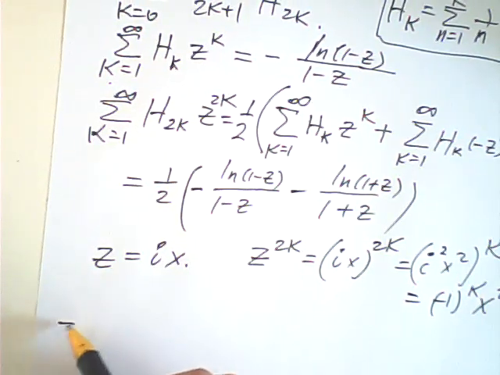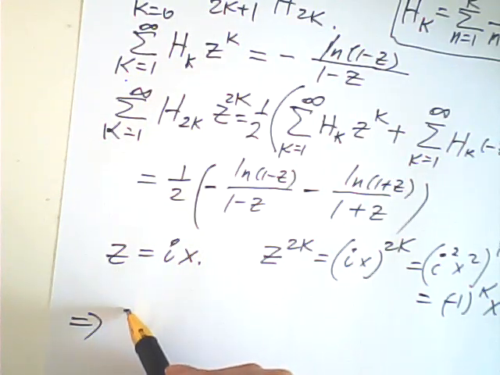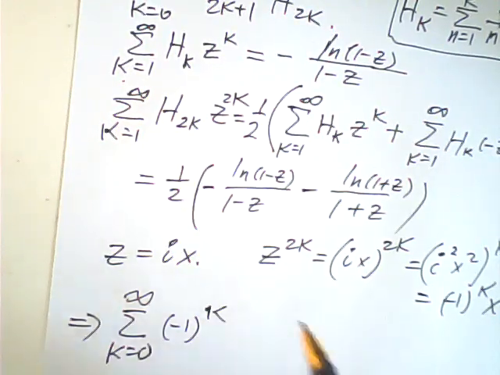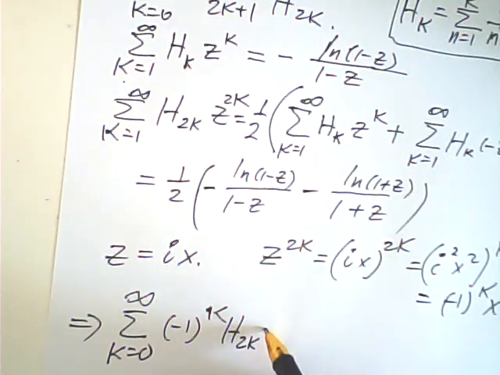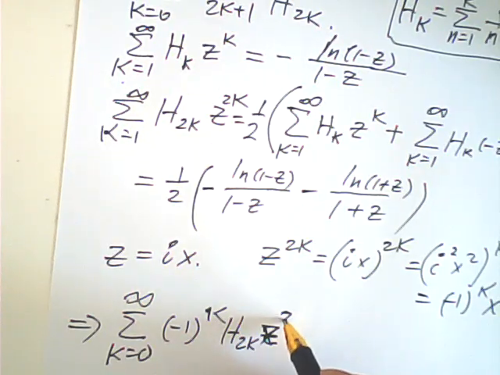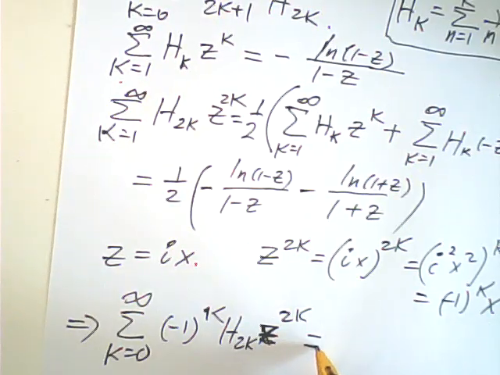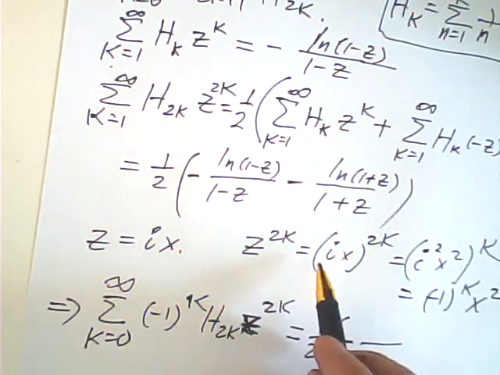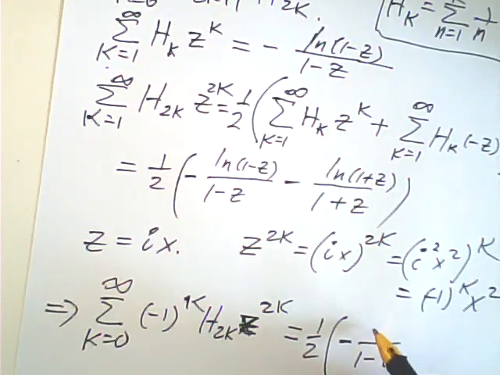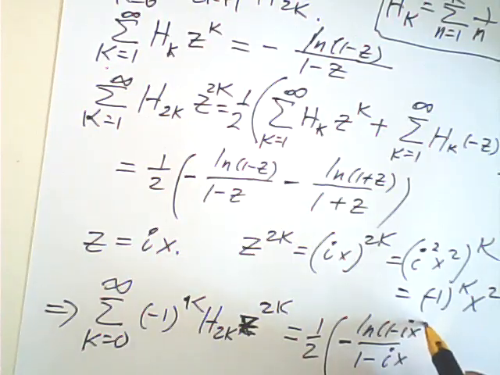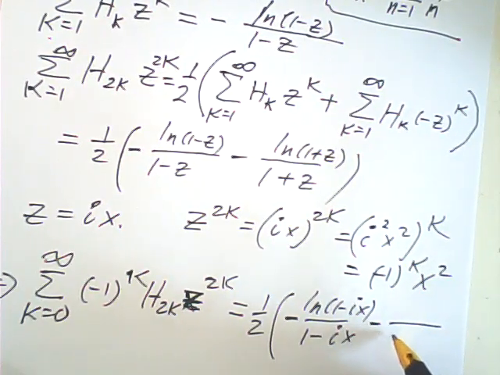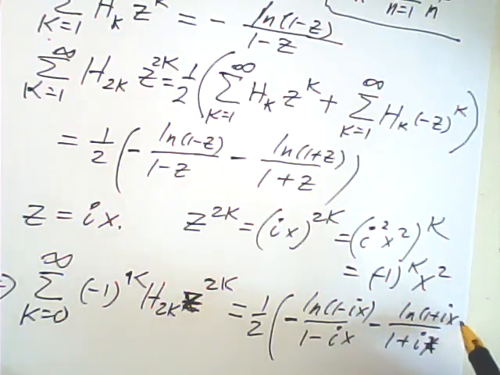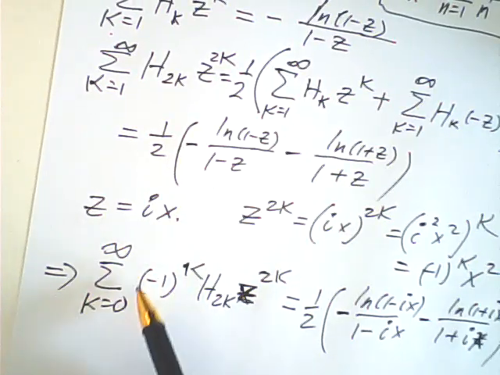So the alternating sum of H_k, z to 2k, when z equals ix, is equal to ix log of 1 minus ix minus 1 plus ix and log of 1 plus ix. See, that will give us the alternating.